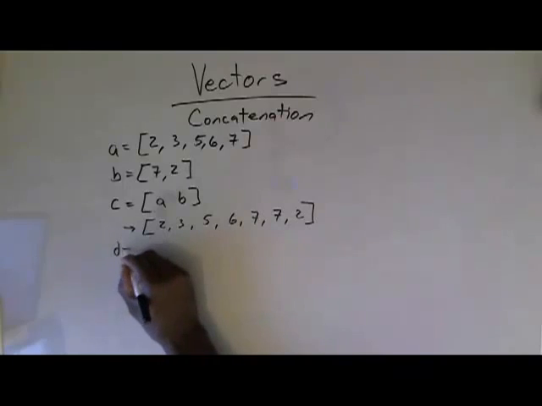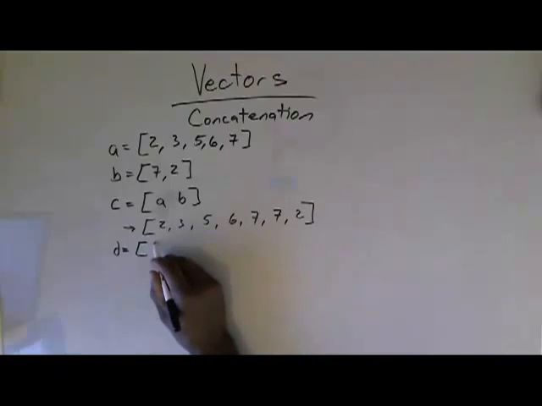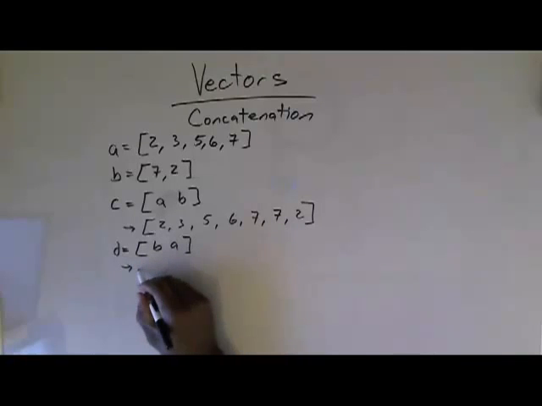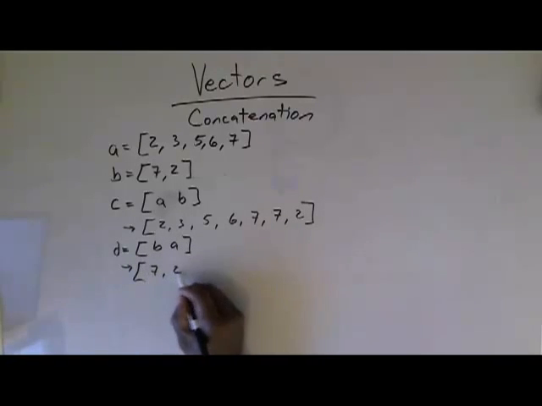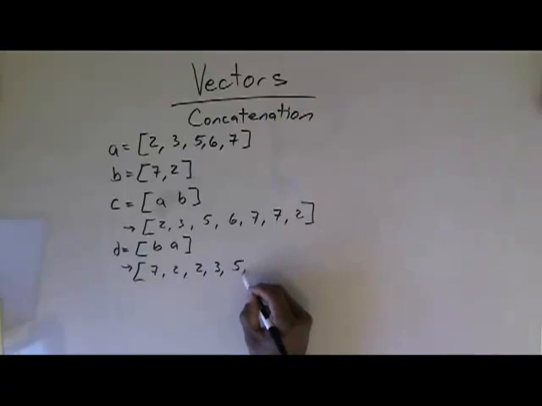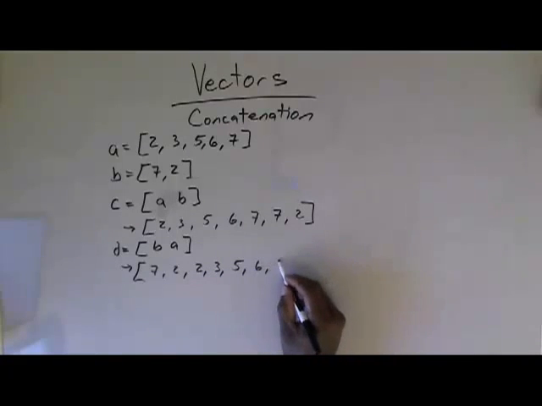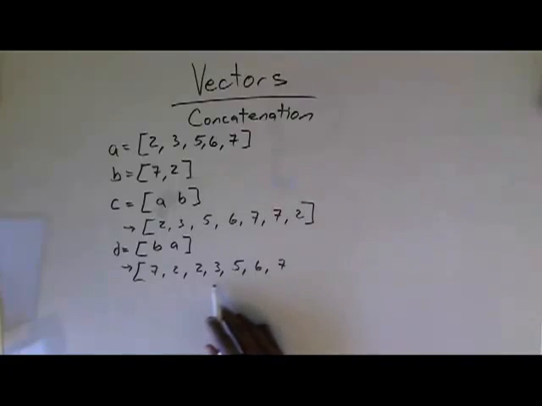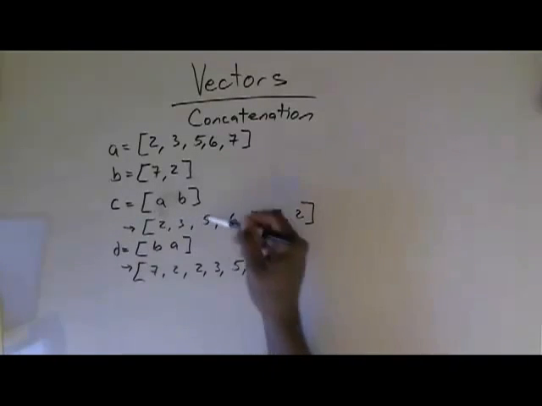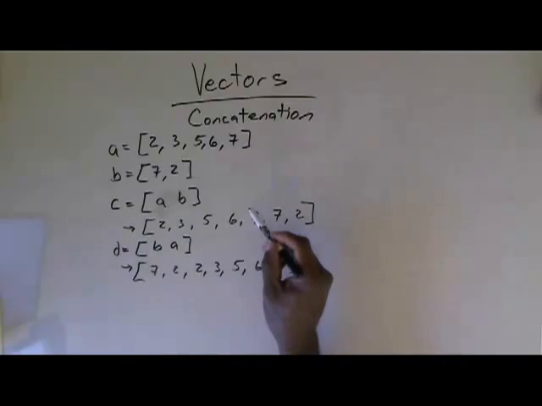If I did vector D equals B, A, then I get 7, 2, 2, 3, 5, 6, 7. Right? So up here in this one, I stuck A and B together.